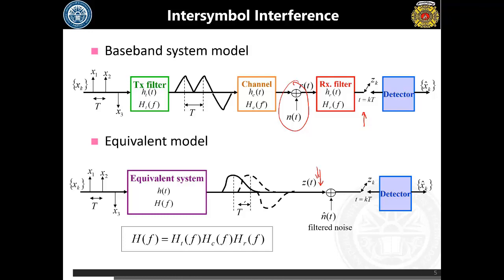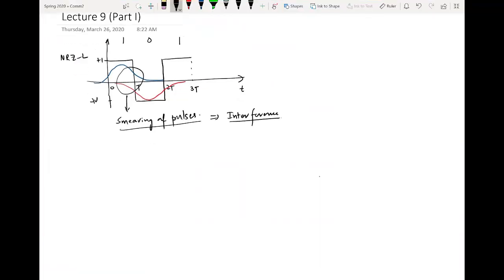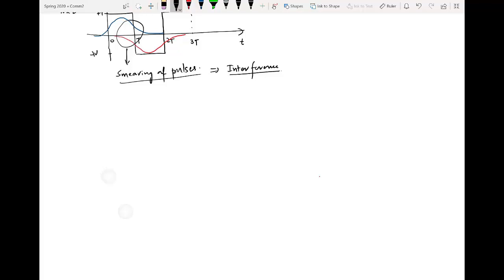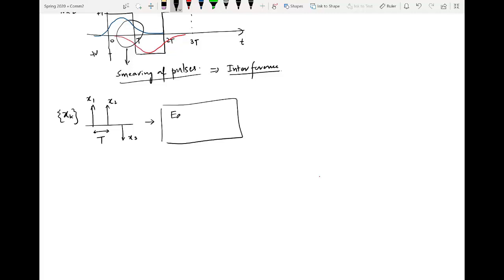Now let me draw the same concept over here. You have a sequence x_k shown by this typical 3-sample signal. This is x3, and the symbol duration is capital T. If it is passed through an equivalent system having transfer function H(f), what will be the output?